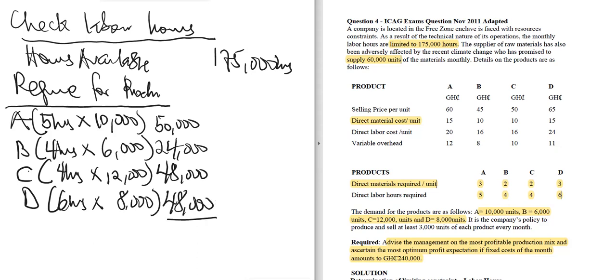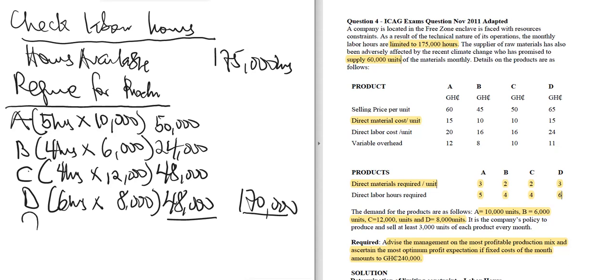Also, if we put all together, what do we have? We have 50,000 plus 24,000 plus 48,000 plus 48,000. That gives us 170,000.